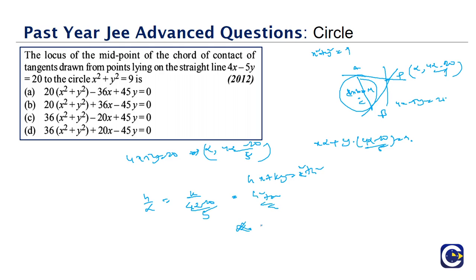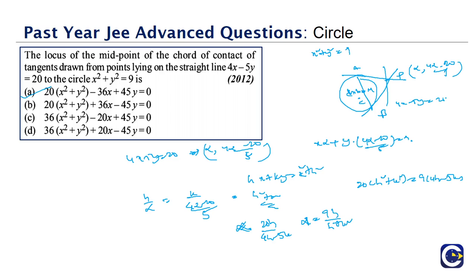Alpha = 20h/(4h - 5k). Alpha = 9h/(h² + k²). If you equate these both, you will get 20(h² + k²) = 9(4h - 5k). So the locus is 20(x² + y²) - 36x + 45y = 0. So option A is the correct answer.